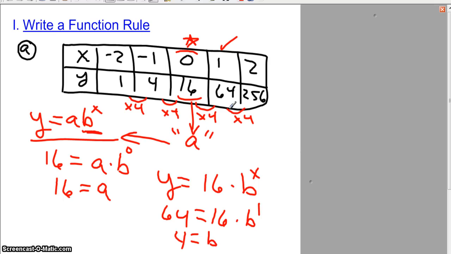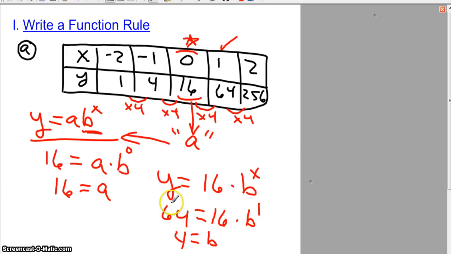4 equals B. Now do you see 4 anywhere else on this screen? Where is the 4? How about here? Times 4, times 4, times 4, times 4. The base that you find is the repeated multiplication, okay? We plugged in this point, 1, 64, and B to the first is just B, right?